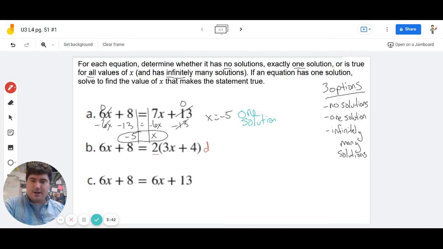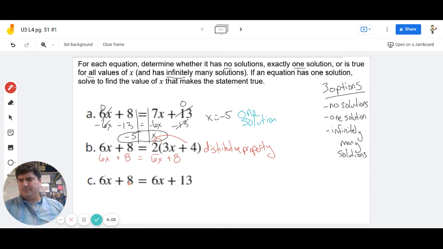We distribute the 2 to the 3x and the 2 to the positive 4. So we will get 6x plus 8 equals 6x plus 8.